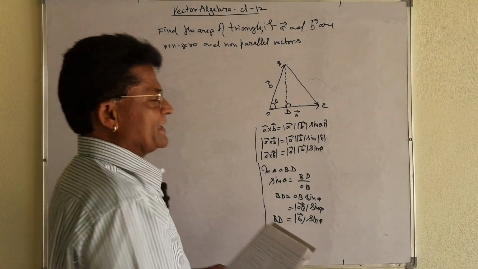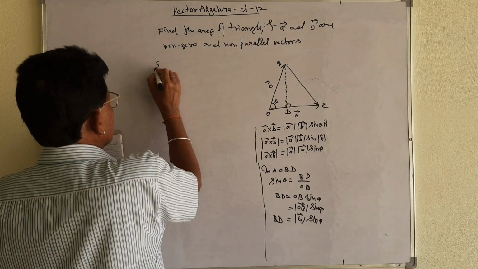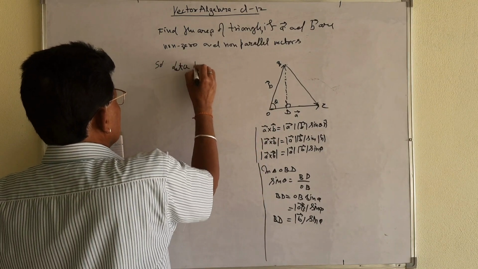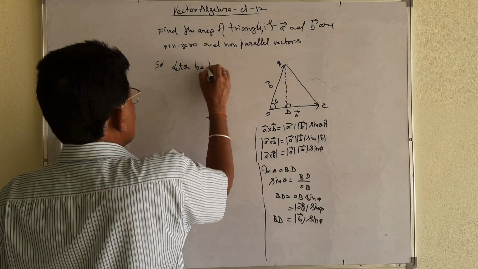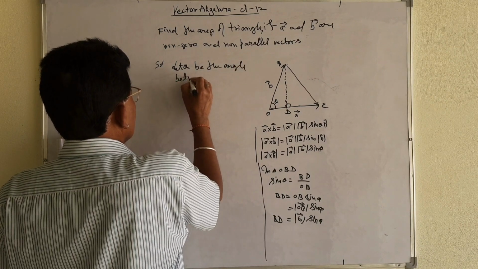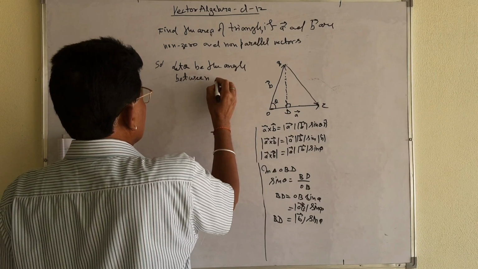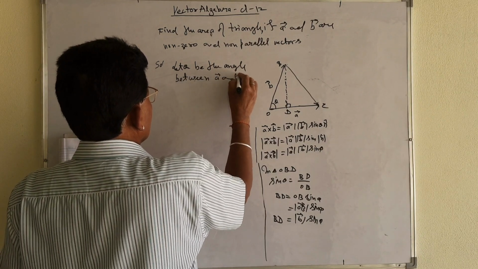Find the area. You will have to find out the area. And you see, let theta be the angle between vector A and vector B.